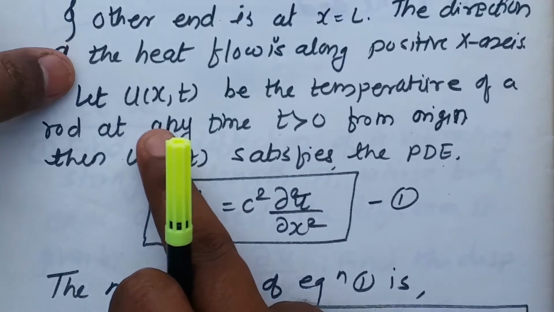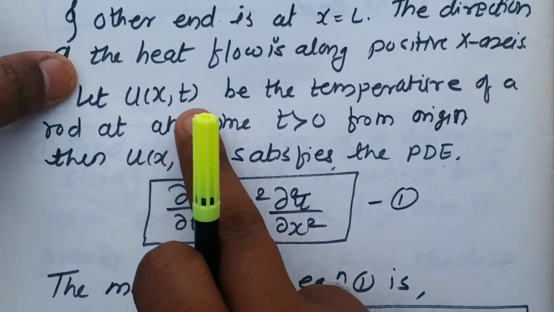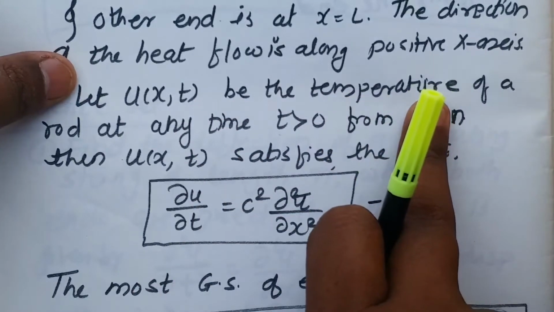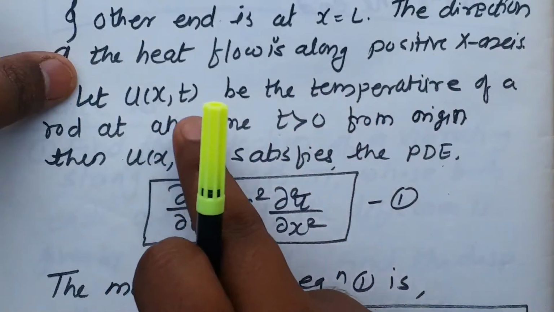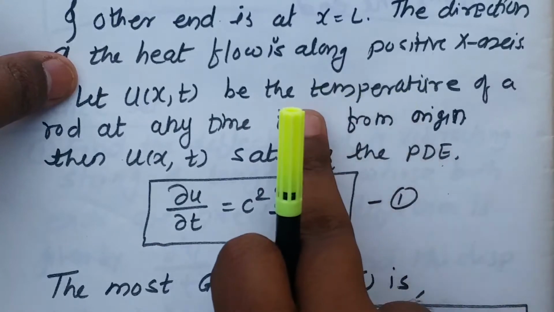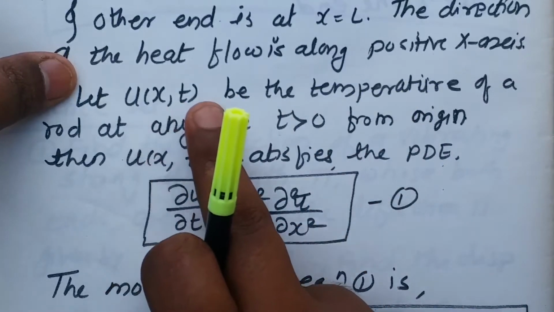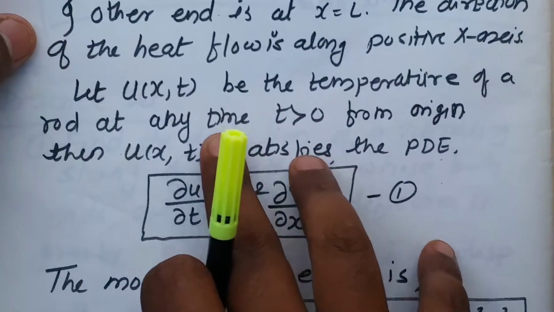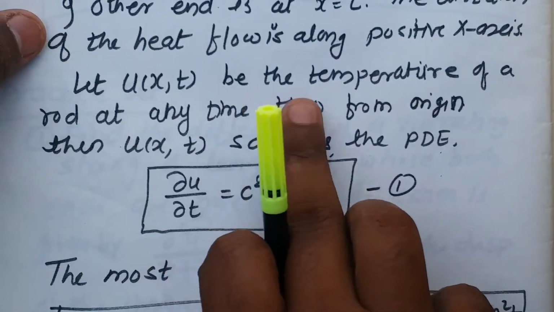Then here we are going to denote u of x comma t as the temperature. In the heat flow problem we denote u of x comma t by temperature. In the wave equation problem we denote u of x comma t as the displacement or deflection from the equilibrium position. Here u of x comma t means the temperature.